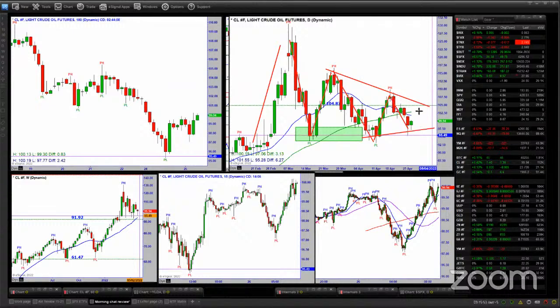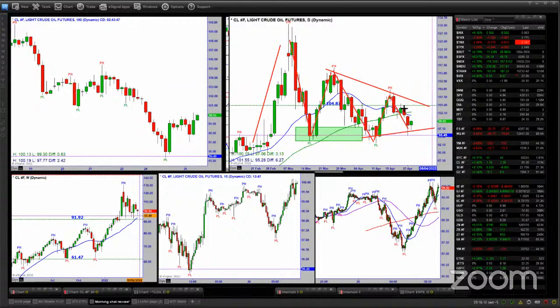And as it reaches what the books call the apex of the triangle, whatever angle it is, it's supposed to break one way or the other. Well, I don't disagree with that. I disagree with these lines being meaningful.